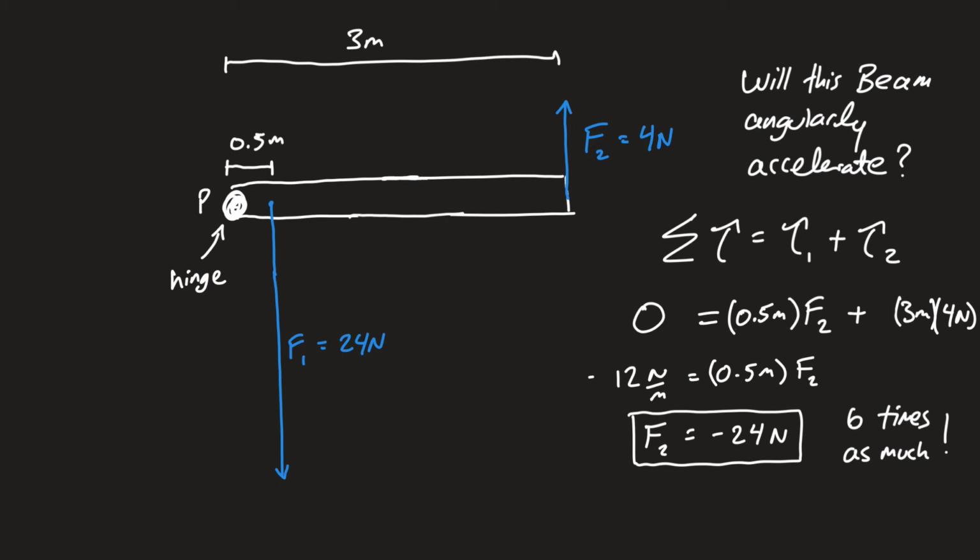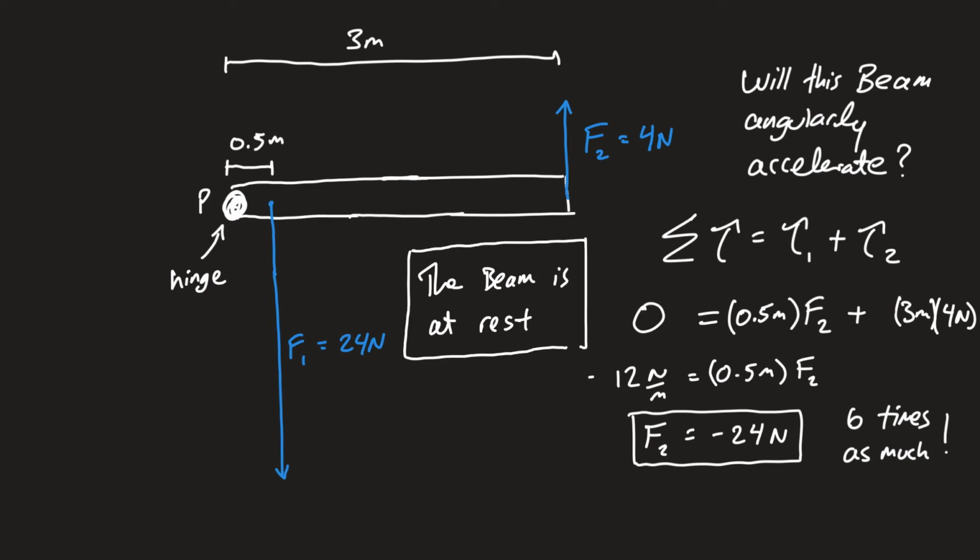I'll give you a hint: upon the application of these two forces, force 1 and force 2, the beam is absolutely going to be at rest. So the beam stays at rest the whole time. Put a big box around that.